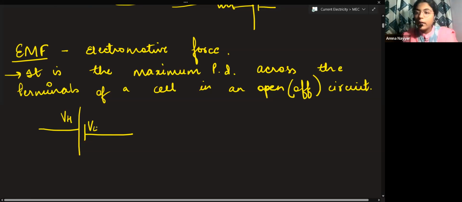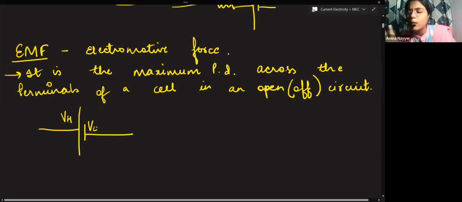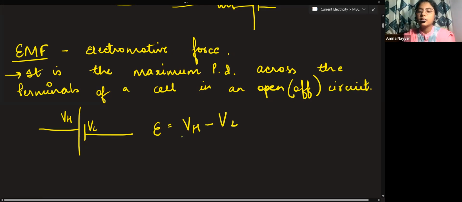Now, how to calculate the EMF? EMF is the maximum potential difference. Difference means you have to subtract them. So EMF will simply be VH minus VL. VH means voltage at the higher terminal, and VL is voltage at the lower one.